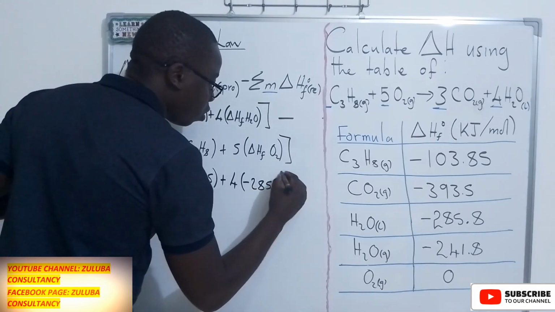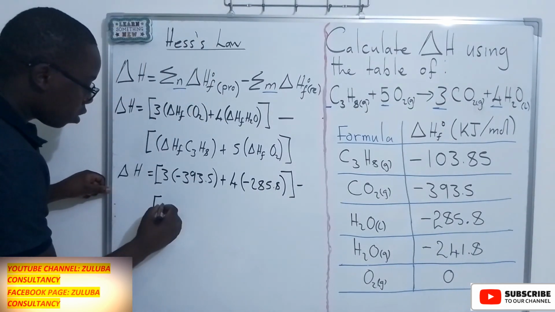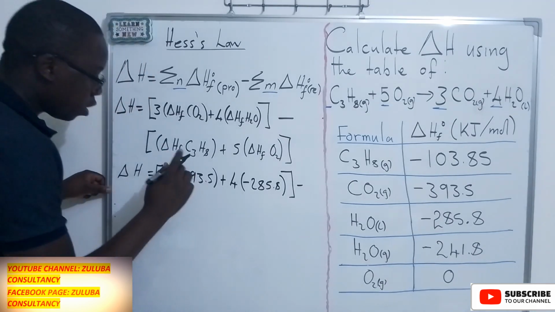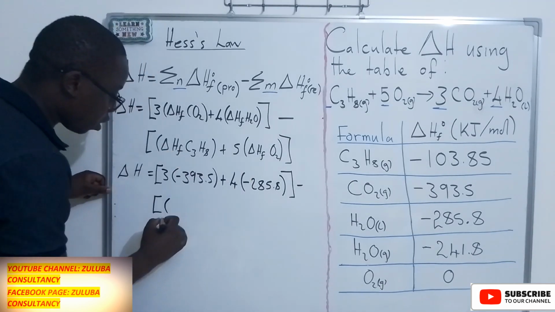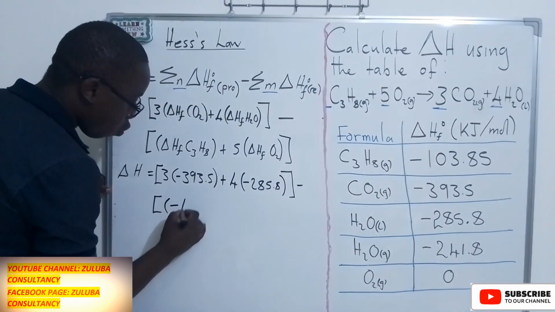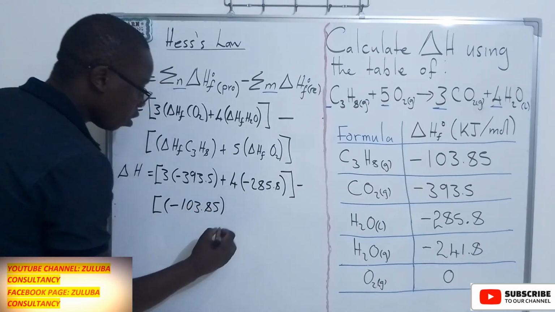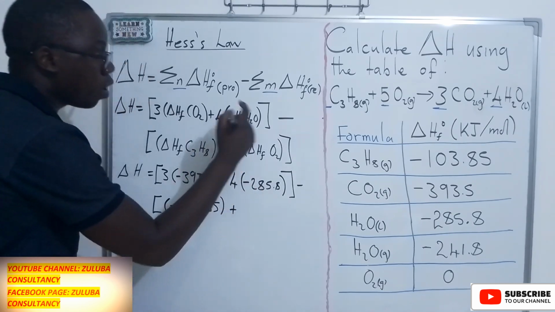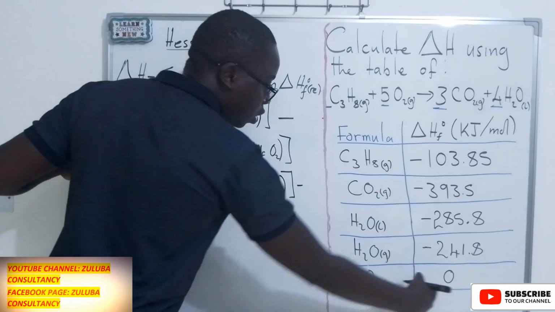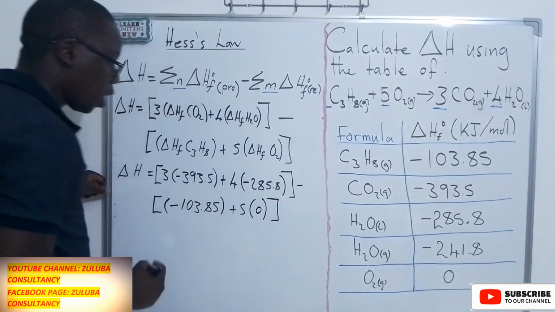Then we close the bracket, minus open bracket, the enthalpy of formation of C3H8, which is negative 103.85, then plus we have 5, open bracket, for oxygen it is 0, then we close the bracket.